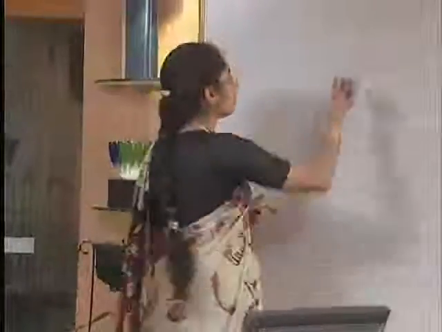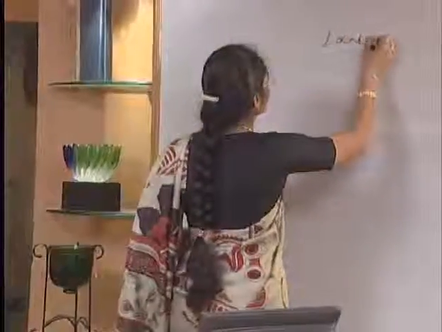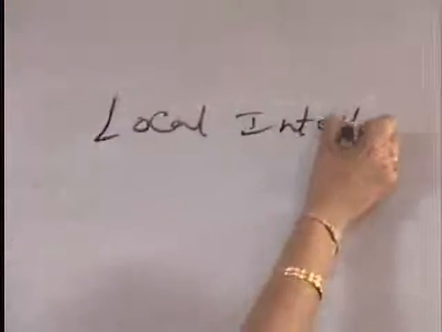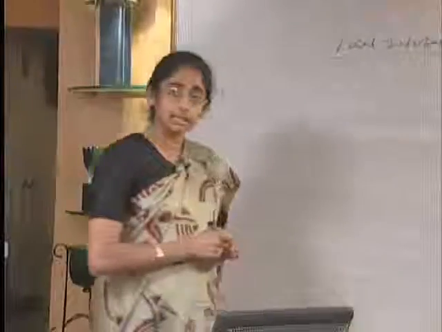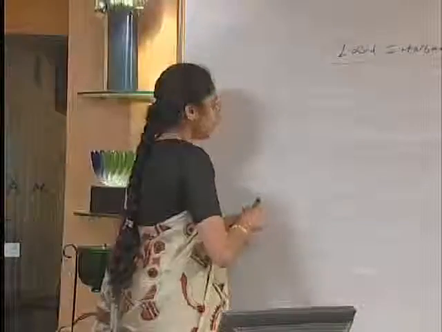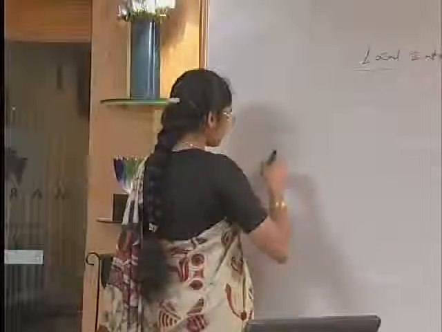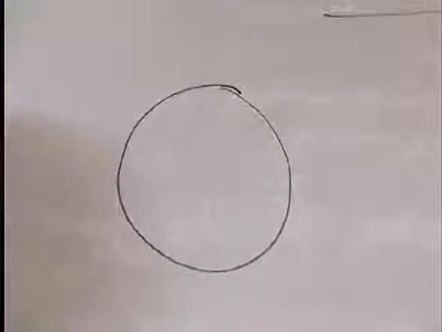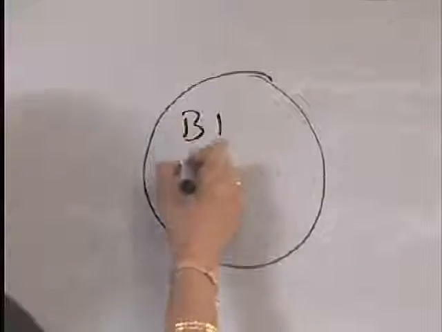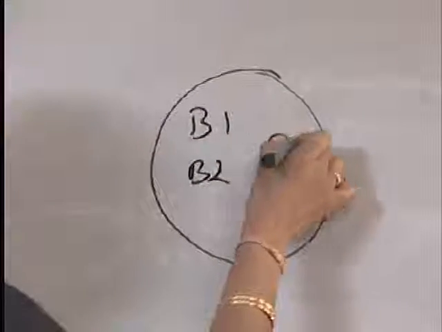Now let us look at the next concept, called local interfaces. Local interfaces were introduced in EJB 2.0. Now let's assume that I have a container which has bean 1, bean 2, bean 3.